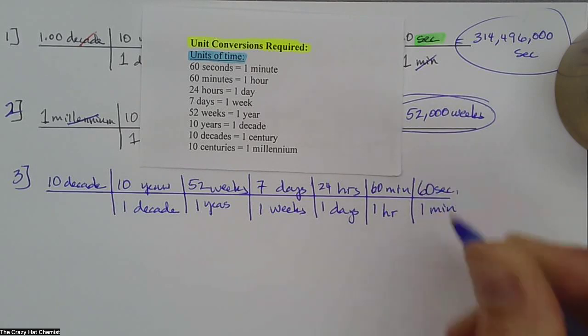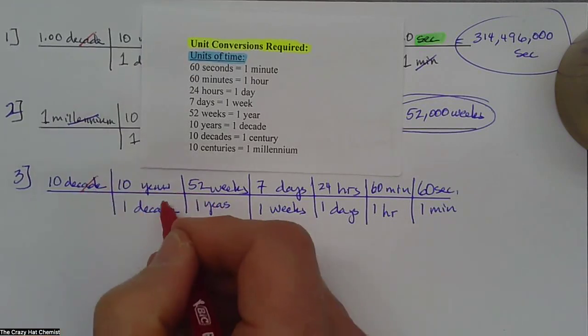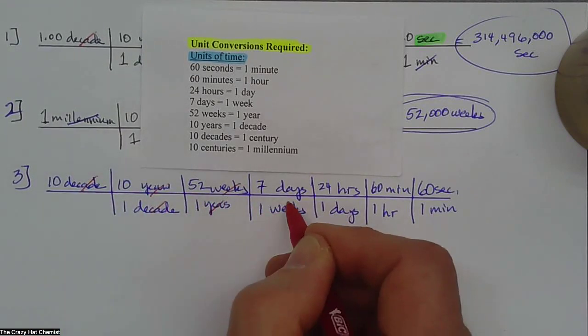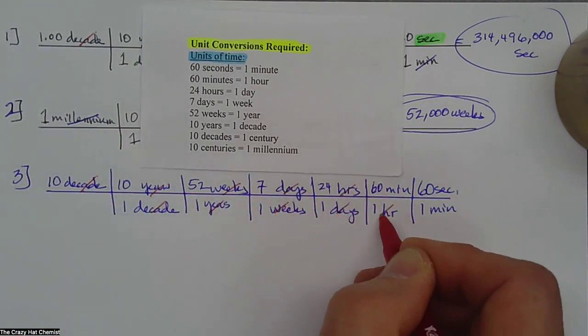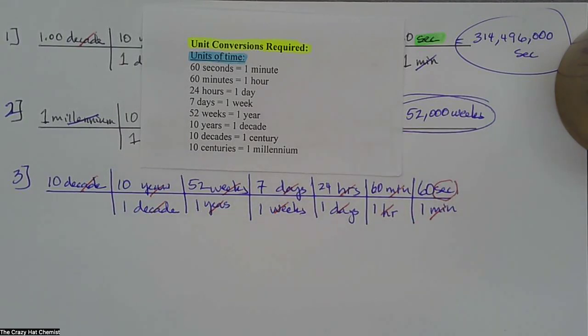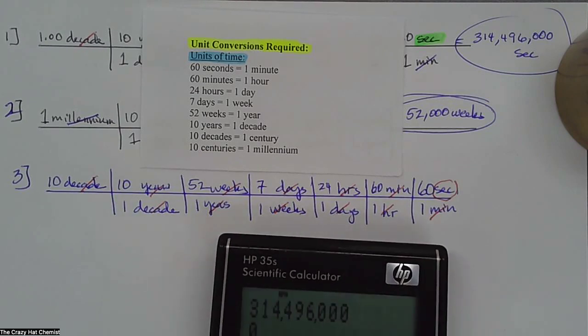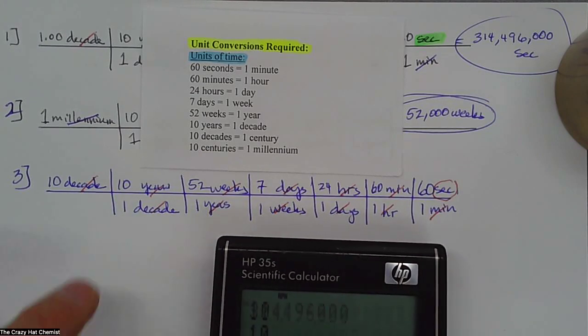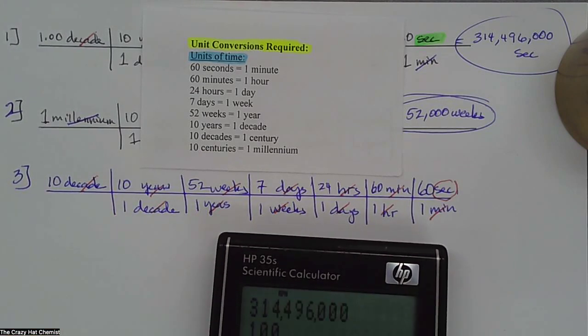1 minute, 60 seconds. Decades cancel, years cancel, weeks cancel, days cancel, hours cancel, minutes cancel, and seconds do not. That's what I'm looking for. I'm going to multiply by all my numerator terms. So that's going to be 10 times 10 times 52 times 7 times 24 times 60 times 60 again.